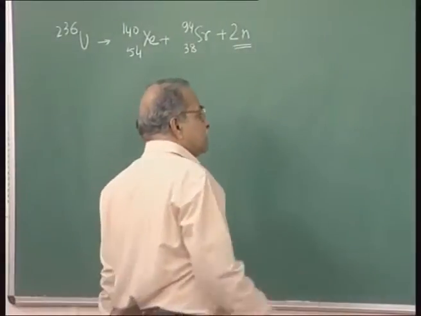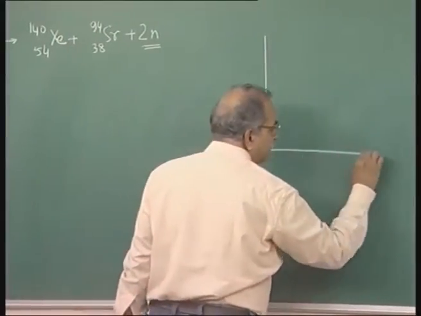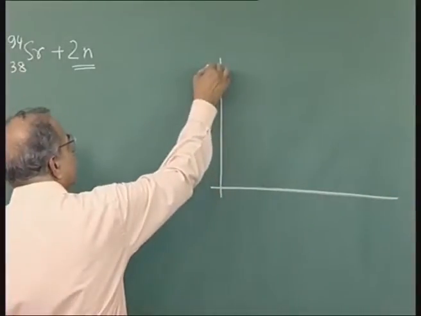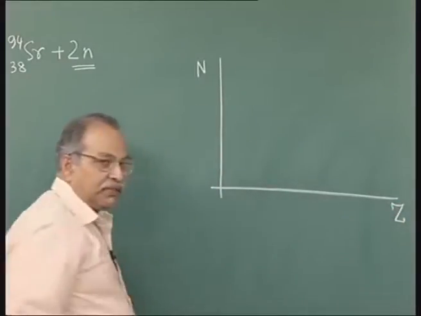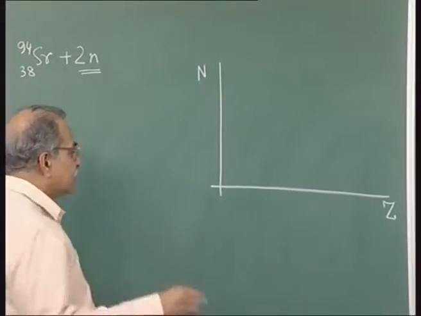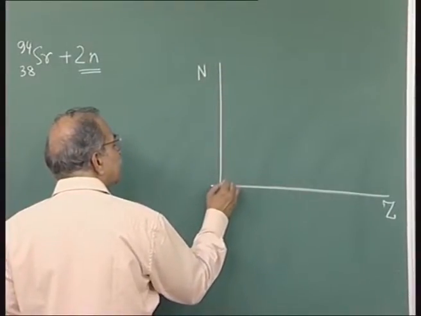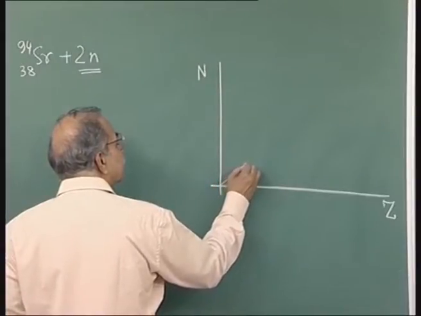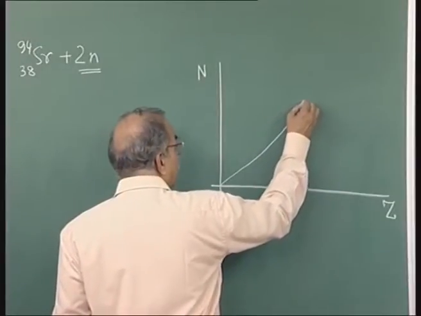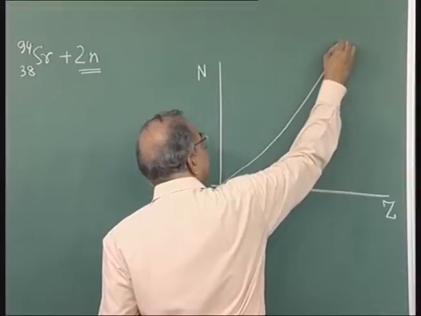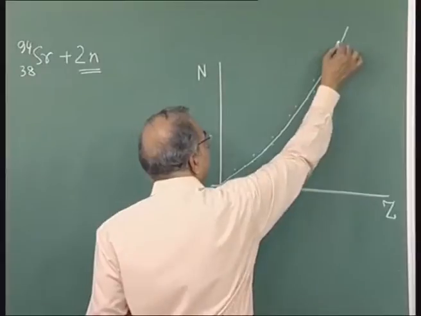So what are these? If you look at N versus Z for the beta stable particle distribution, with N on this side and Z on this side, for beta stable nuclei, remember that initially for light nuclei N is equal to Z, but then as the number increases, the number of neutrons goes up. It is like this. So around this line are the beta stable nuclei.